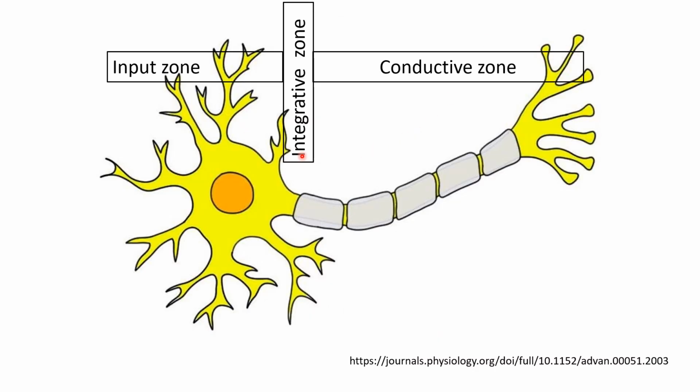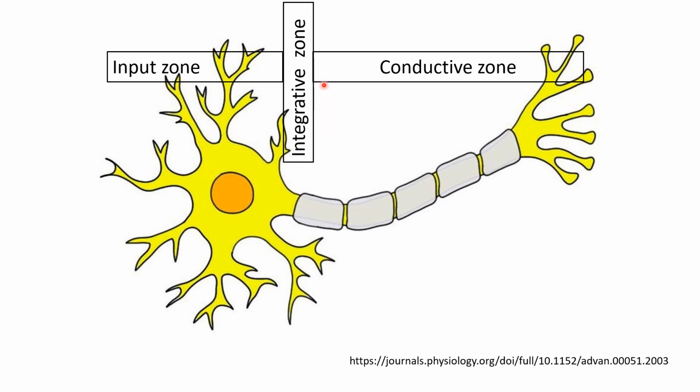Now this figure is showing a typical neuron, that we will divide into 3 zones. This zone from here to here, that includes the dendrites and the soma, we call the input zone, because most of the input, the information coming to this neuron, will come through the dendrites, then the cell body or the soma.